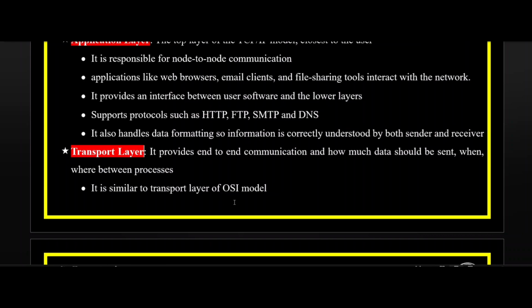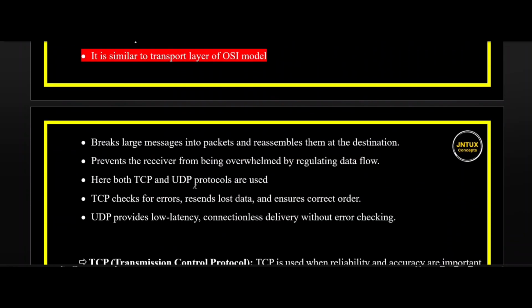It is similar to the transport layer of the OSI model. It breaks large messages into packets and reassembles them at the destination, and prevents the receiver from being overwhelmed by regulating data flow. Here both TCP and UDP protocols are used.